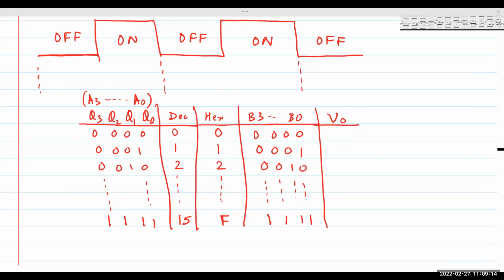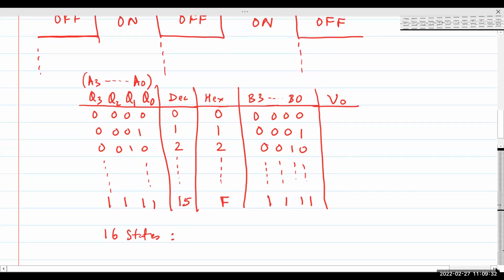If you cycle through the 16 states, VO will be high for 8 states, and VO will be 0 for the other 8 states. So it'll be the halfway point in the count.